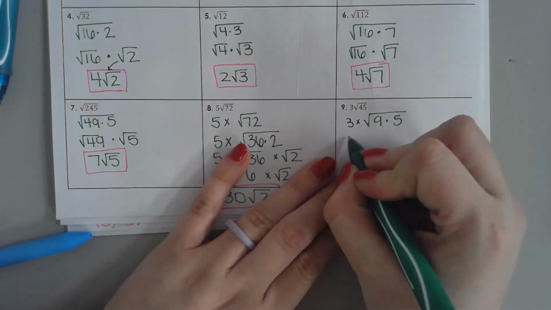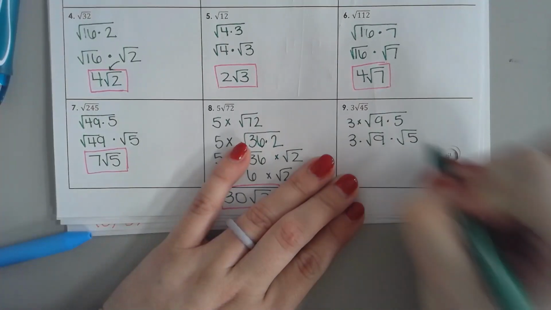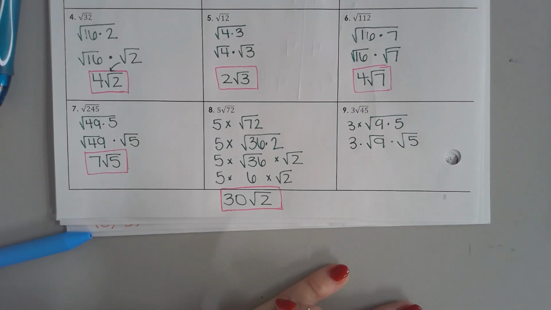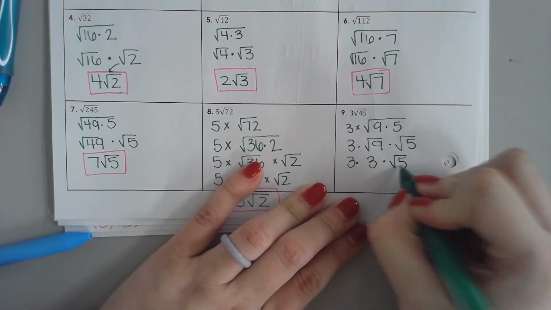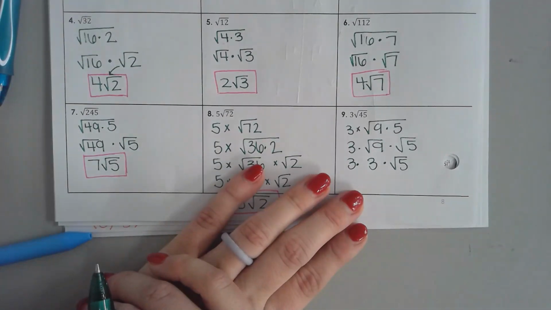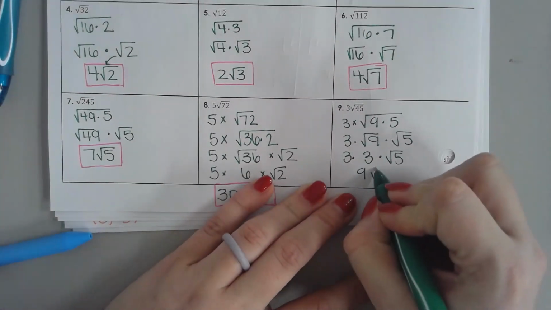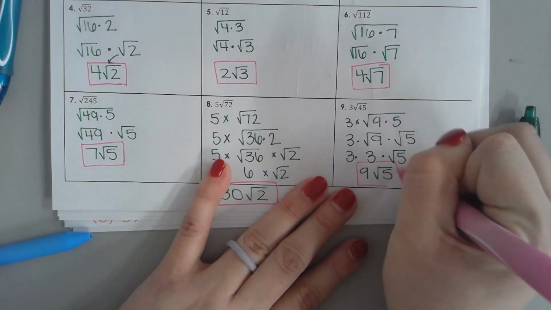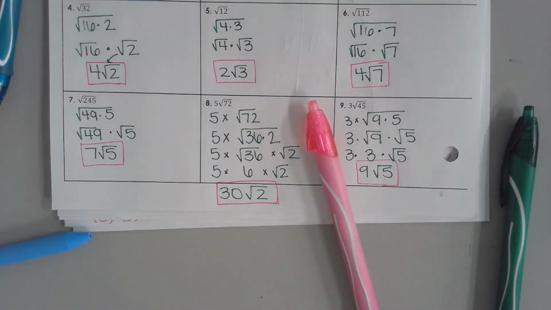So this is really 3 times the square root of 9 times the square root of 5. What is the square root of 9? 3. So this is really 3 times 3 times the square root of 5. And what is 3 times 3? 9. 9 square root of 5. These notes we're going to stop here and do some practice on this.